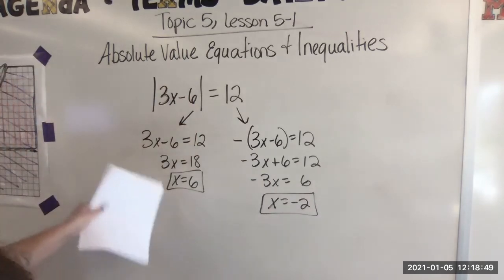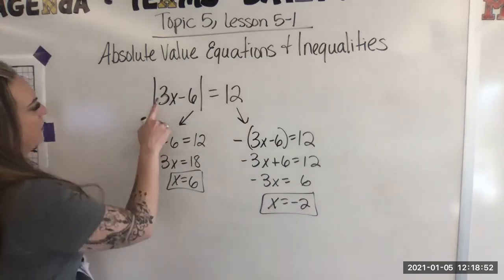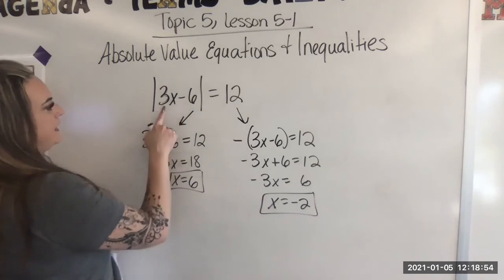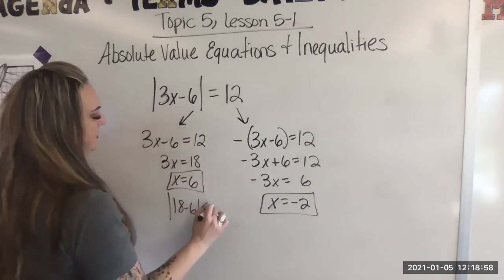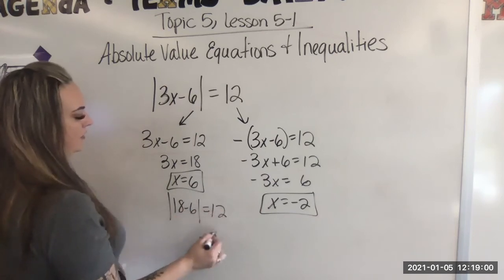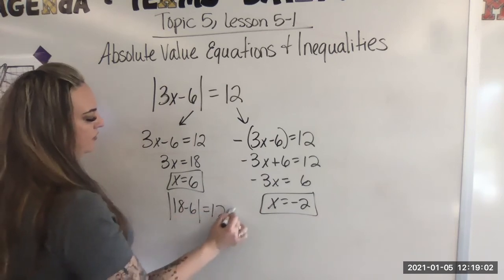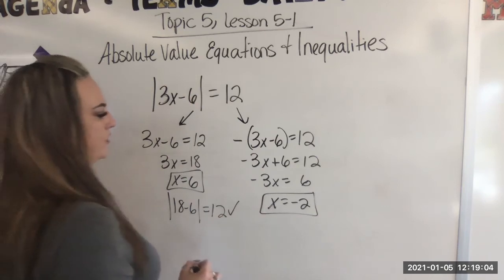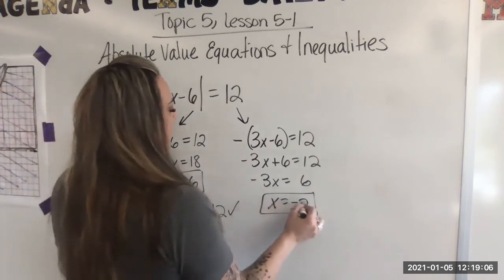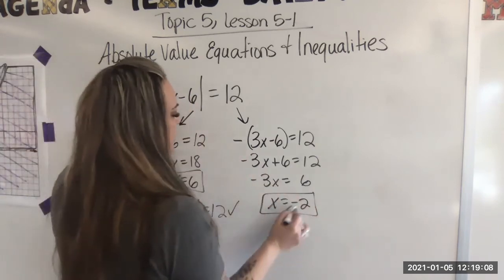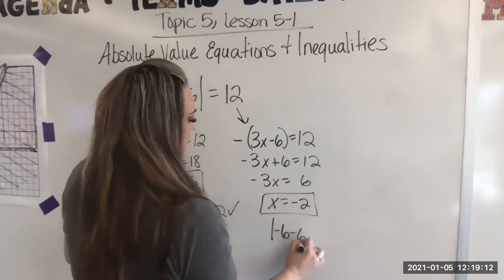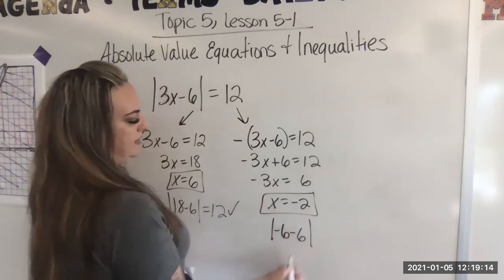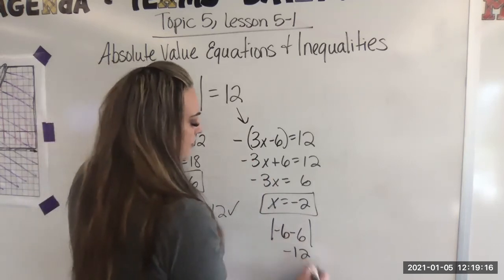Now it's time to substitute and check. Well, 3 times 6 is 18. 18 minus 6 is 12, and the absolute value of 12 is 12. So that works. Over here, 3 times -2 is -6. -6 minus 6 is -12.